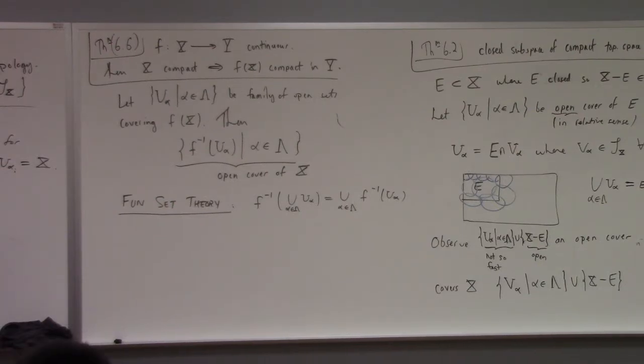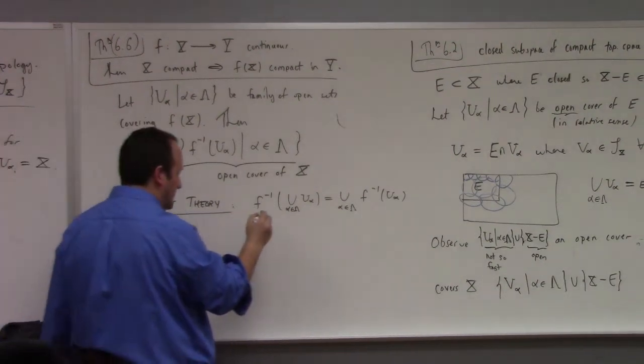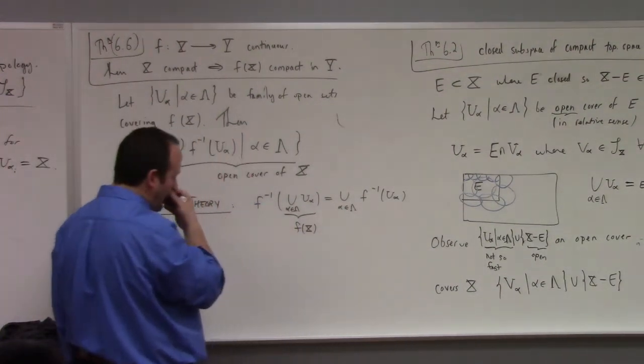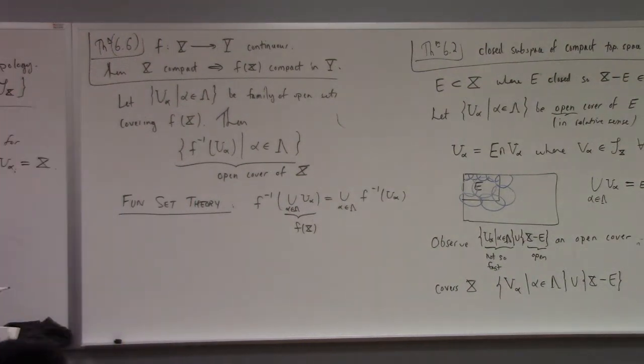Should be a subset maybe, but so why is that X? Oh, because you're saying this is all of f of X. Is that what you're saying?